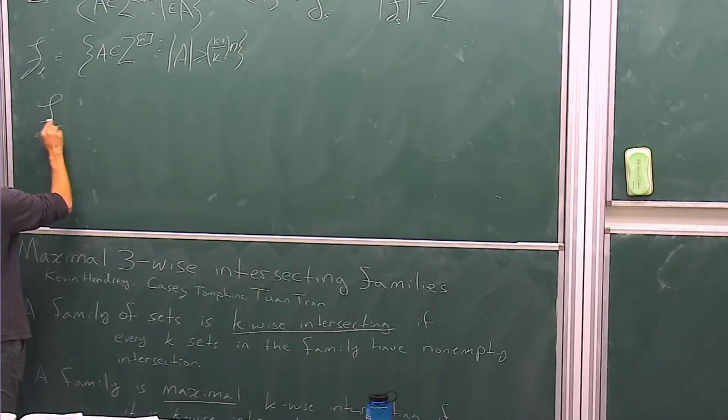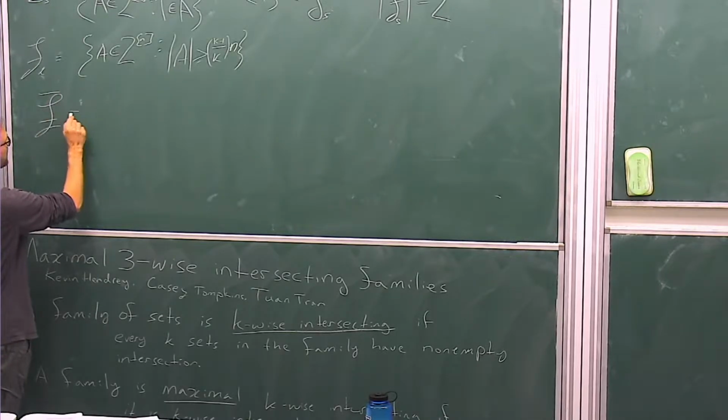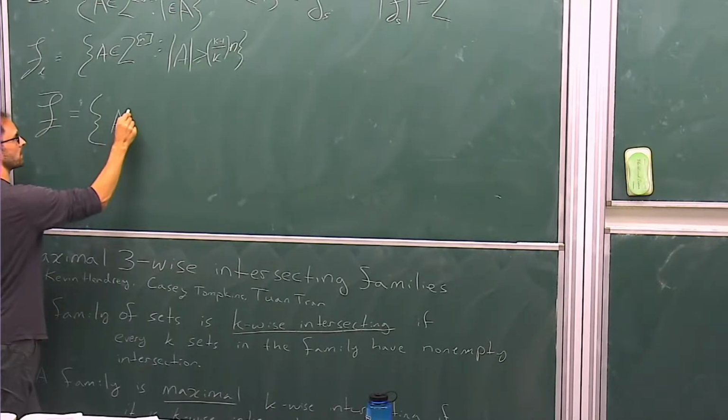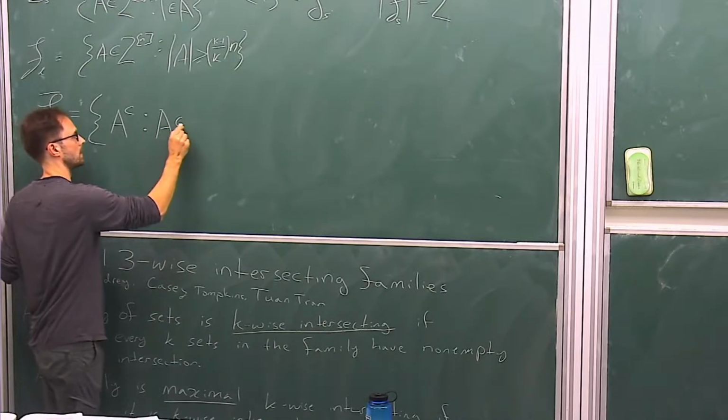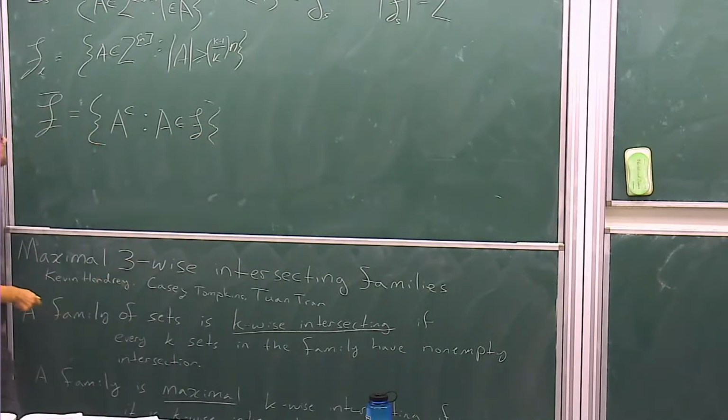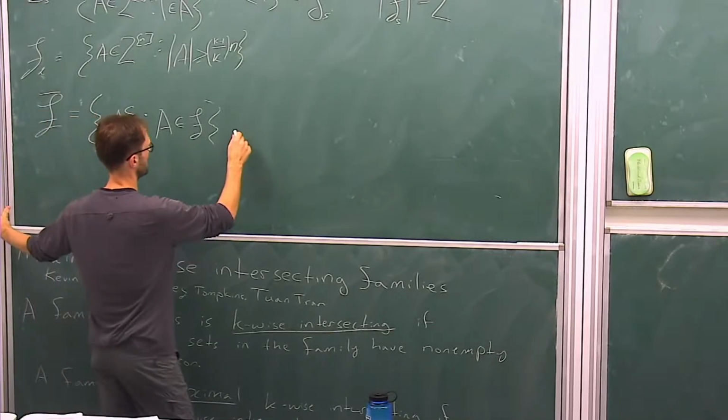Given some family F, the family F bar is the set of complements of sets in F. So if F is k-wise intersecting, that means that if you look at the complements, then the union of any k sets in that family doesn't cover the entire ground set, because the common intersection of k sets is what's missing when you look in the complements.